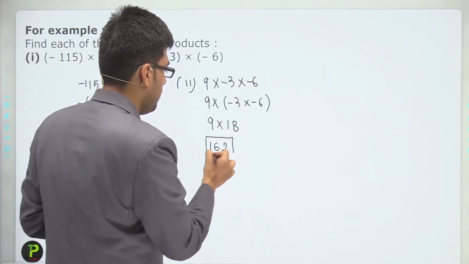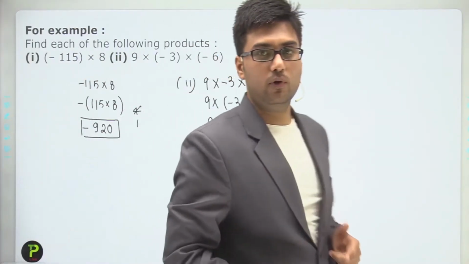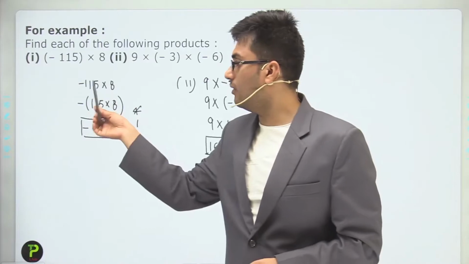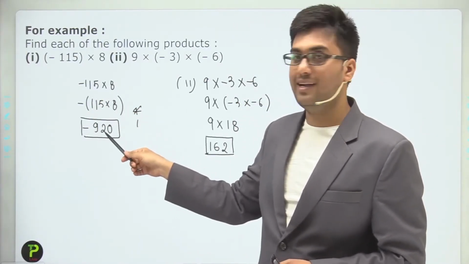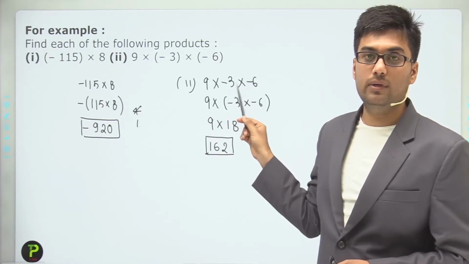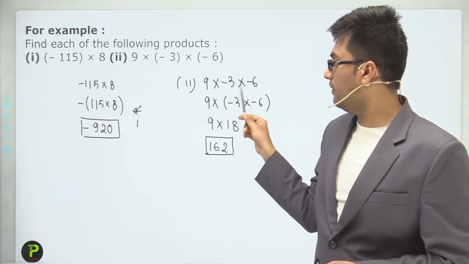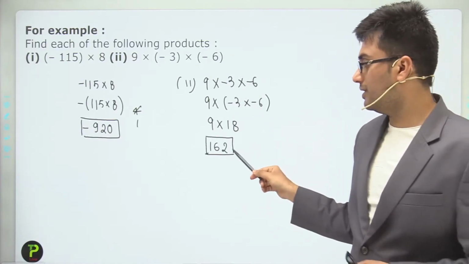This is 162. So in the properties of product, we studied that if we have an odd number of negative integers, then the product is negative. If we have an even number, here we have two negative integers, then the product is positive.